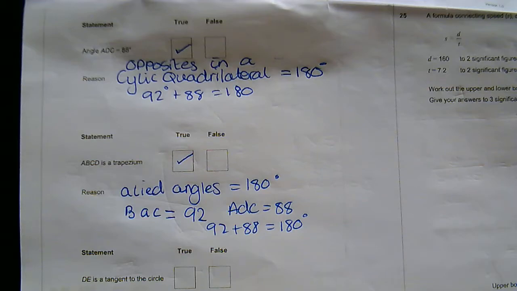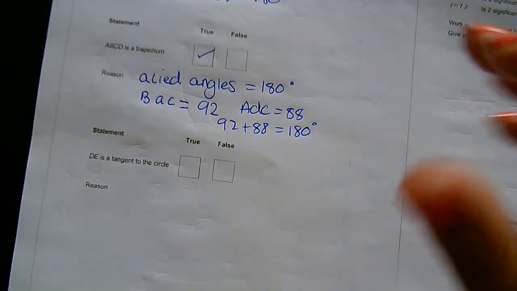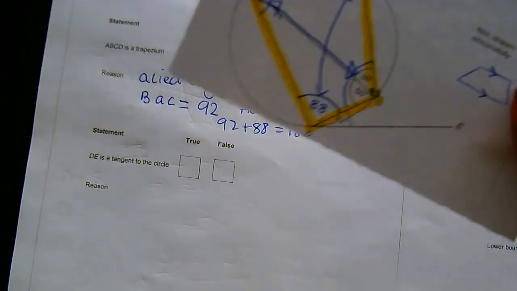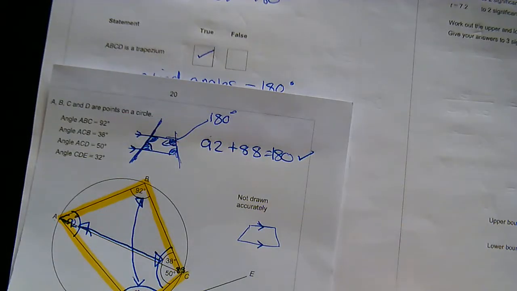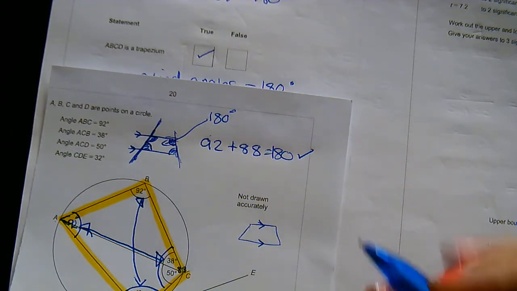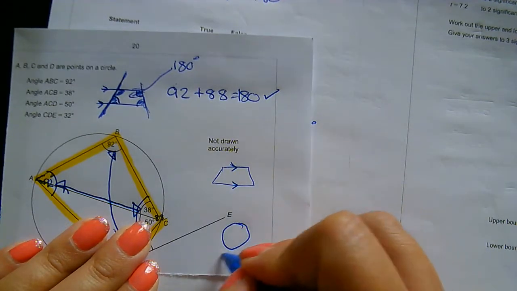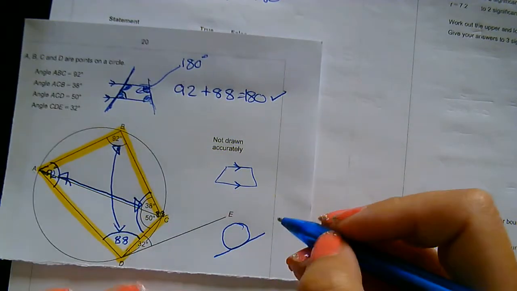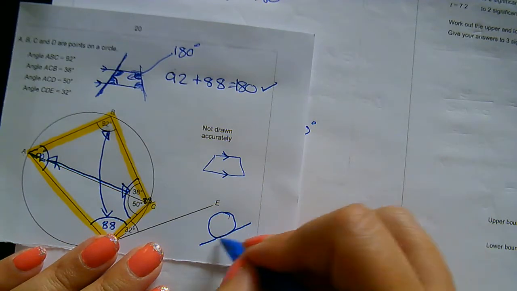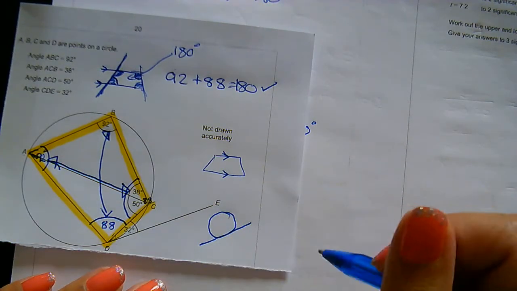And then the final one to end it on is DE is tangent to the circle. So here is our DE, and if we've got a tangent to a circle, it meets it at 90 degrees.